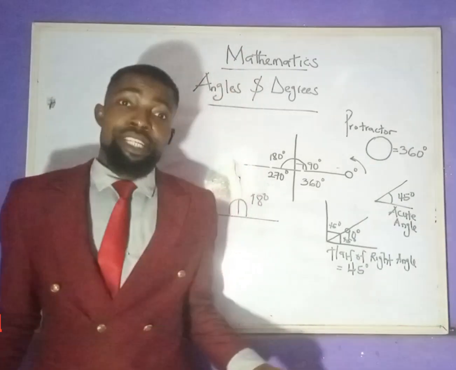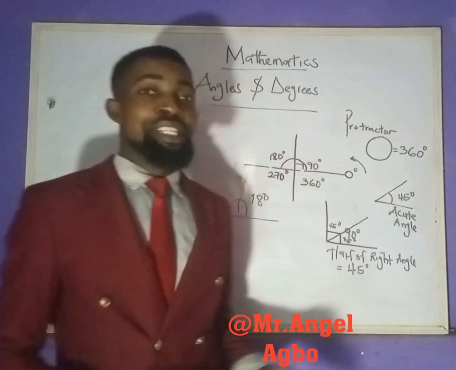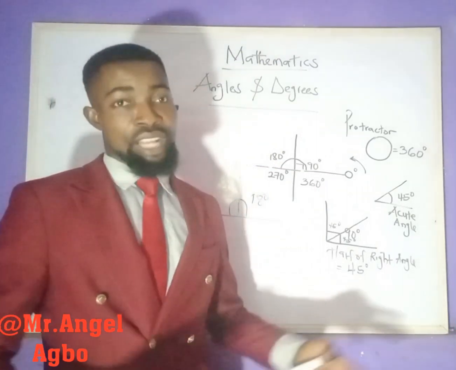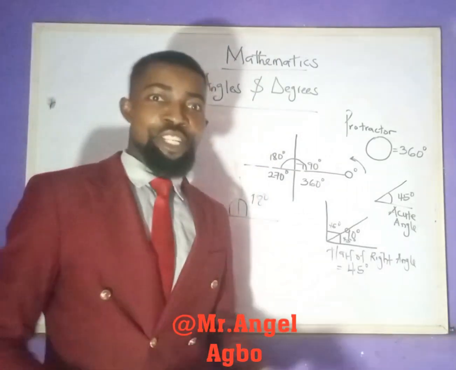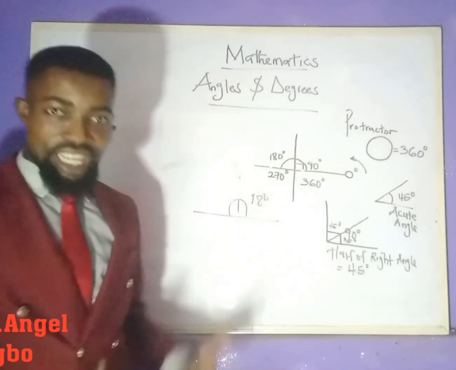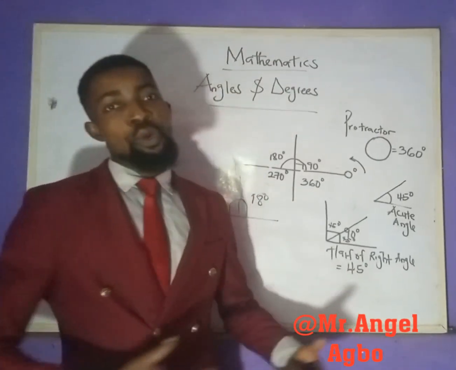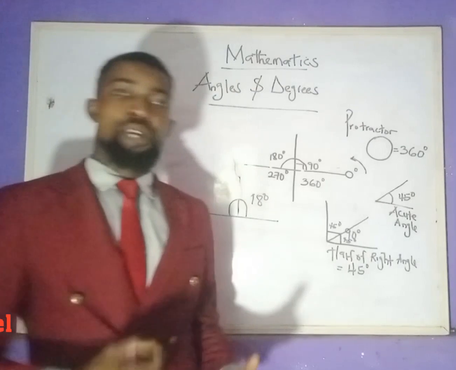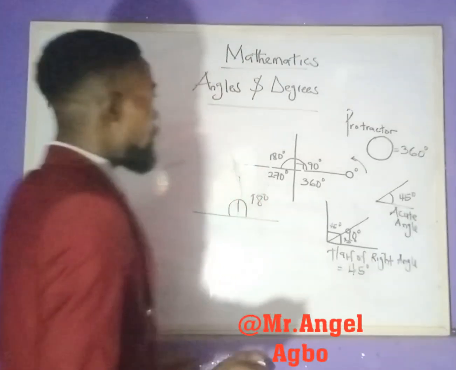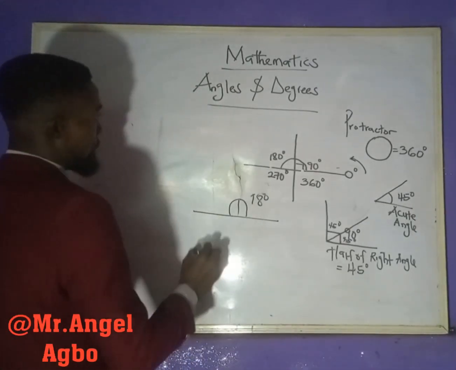Complementary angles, in layman's understanding, are two lines that join together perpendicularly, and they form 90 degrees. While supplementary angles are angles on a straight line, and it's equal to 180 degrees.